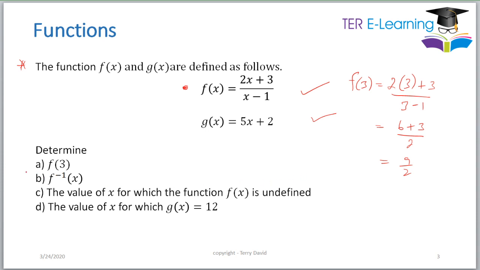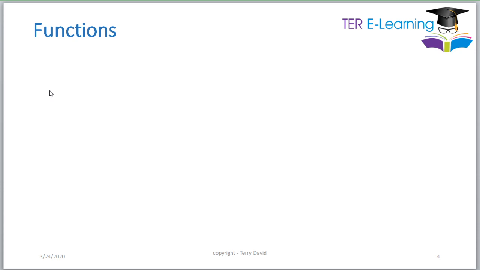Now, the thing that I want to show you all here has to do with part B and part C, right? This part poses a problem to many students. So I'm going to put that on a new page for you all. So this is my function here, f of x.